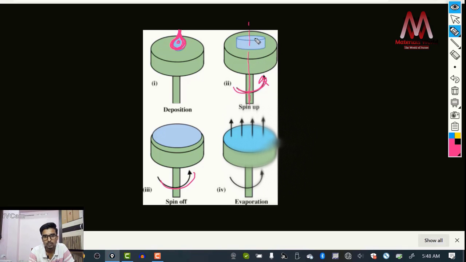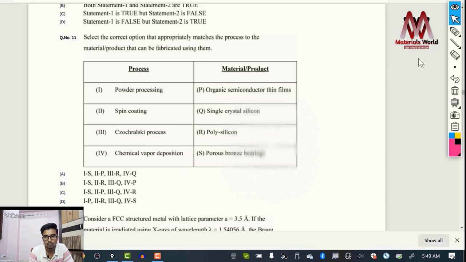After rotating, this raw material or precursor expands towards its radius, and finally we get thin films. So basically with the help of spin coating, we synthesize thin films.